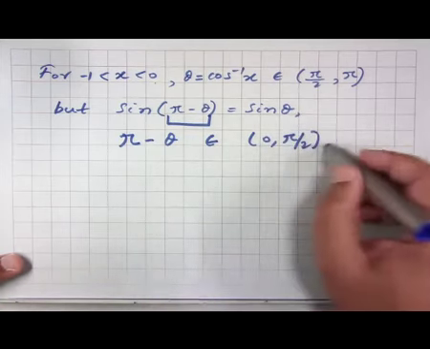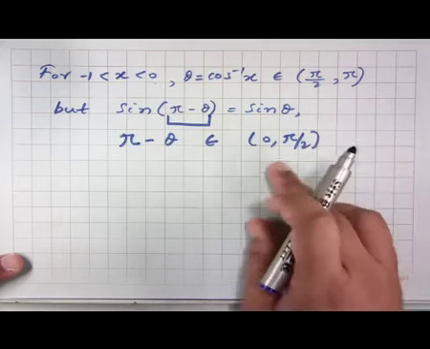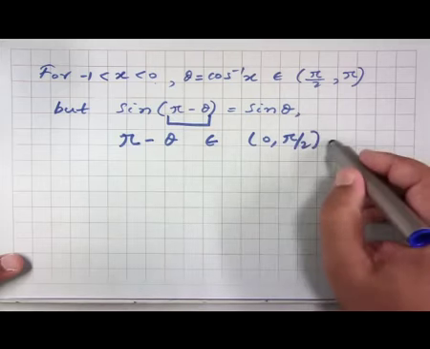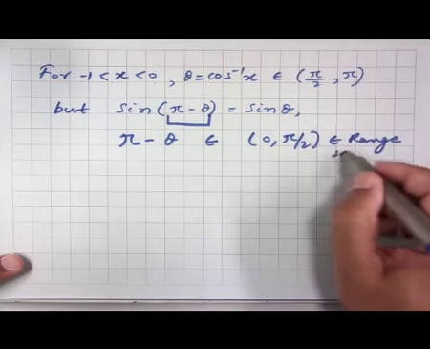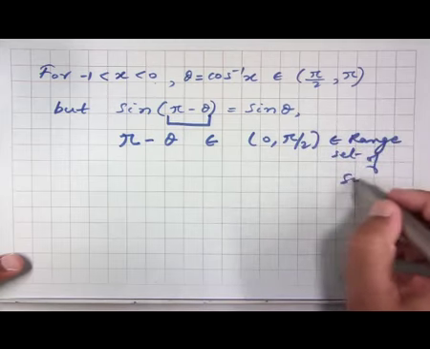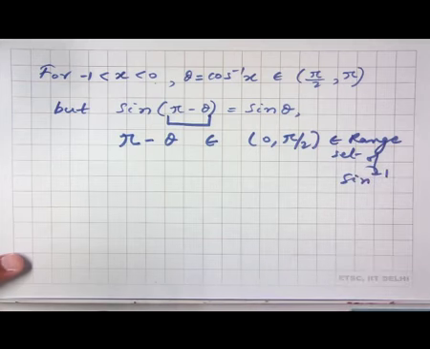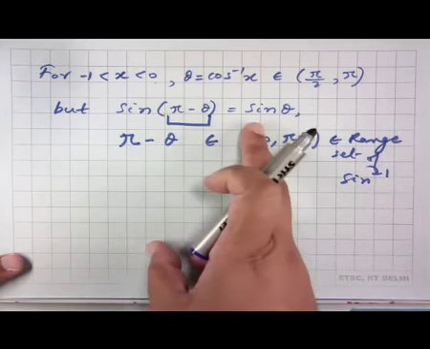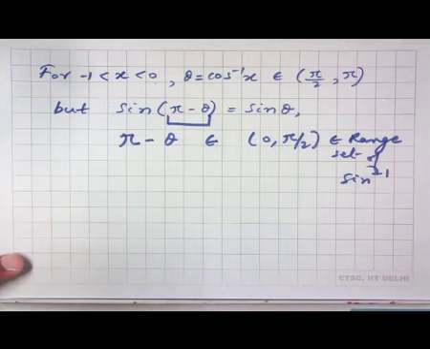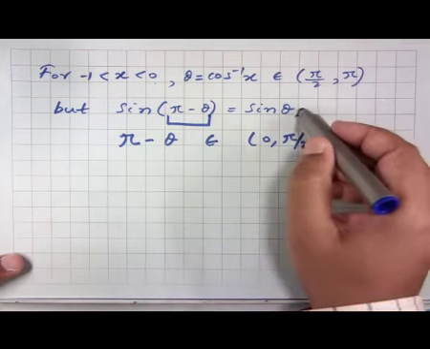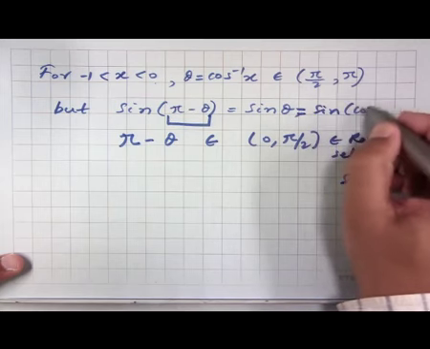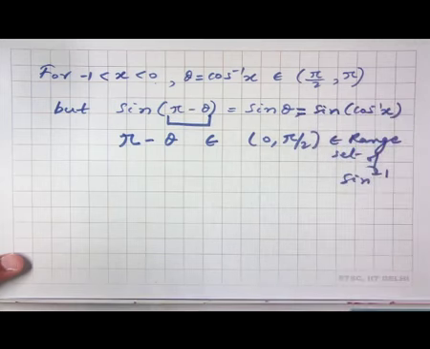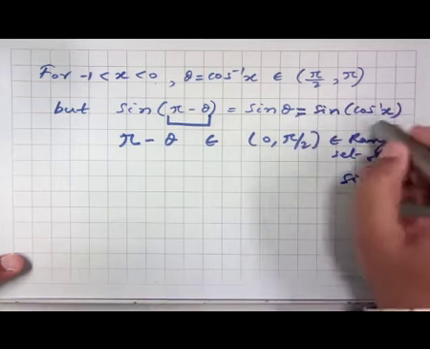And this interval 0 to pi by 2 now belongs to the range set of sine inverse. So, this is the basic trick that has to be done. And of course, we know that sine theta is actually sine of cos inverse x, and that is given in the problem to be half.